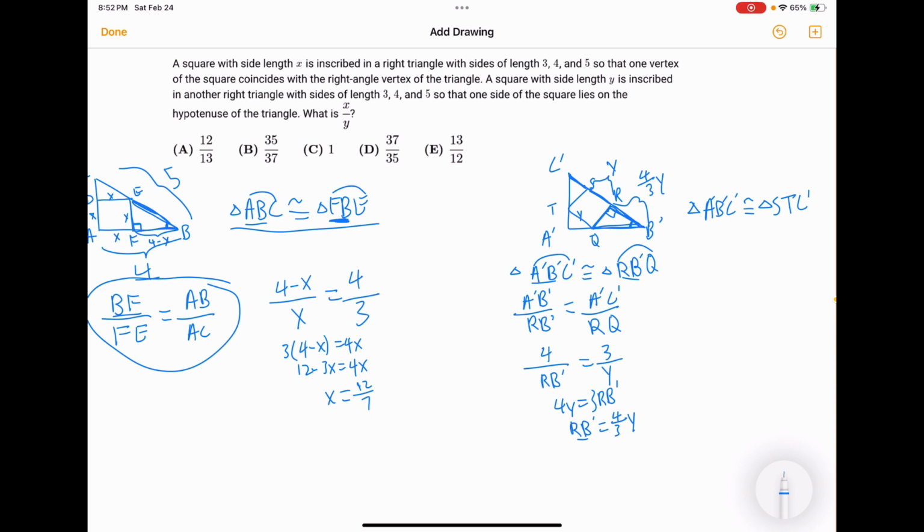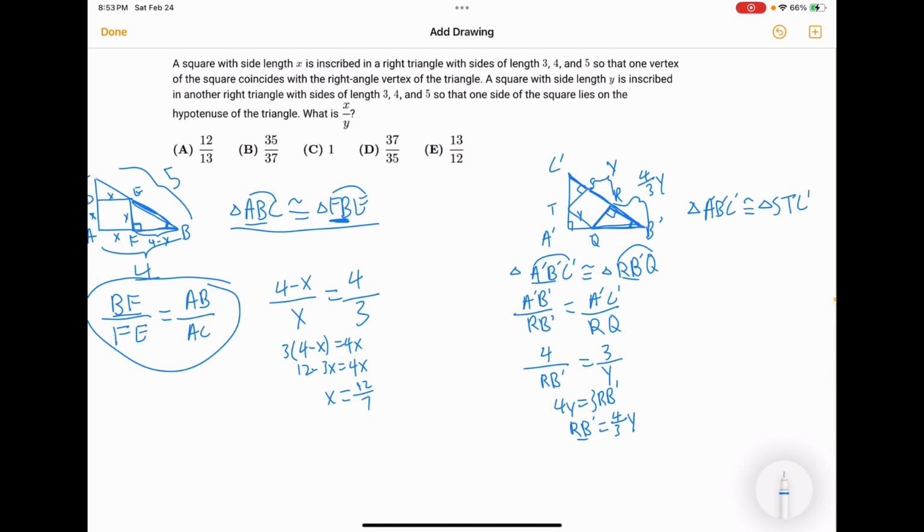And the reason is exactly the same as the previous couple of reasons. Angle C'ST is a right angle and A' is a right angle, and then angle C' is equal to itself, so we have two angles that are the same, and so these two triangles are similar.